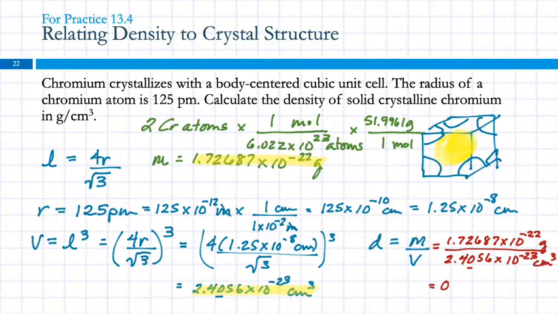So I'm getting 7.18 grams per cubic centimeter.